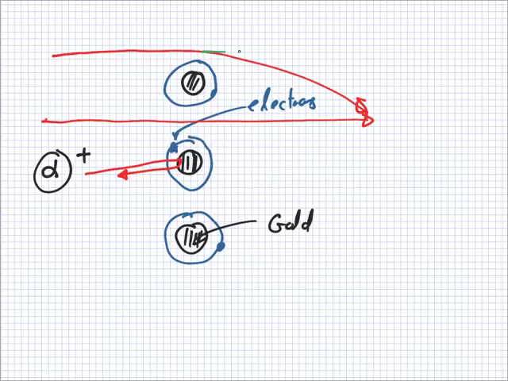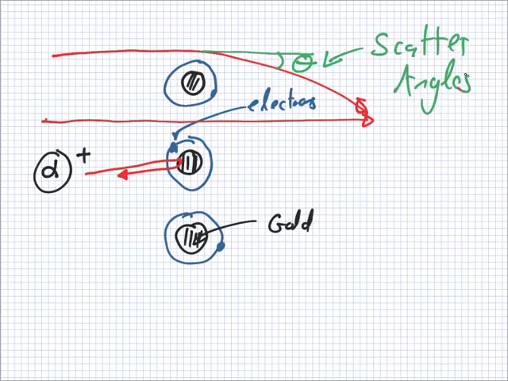And by examining all the angles, these are called the scattering angles, and using some very advanced trigonometry, he was able to work out that the electron must be around the proton.